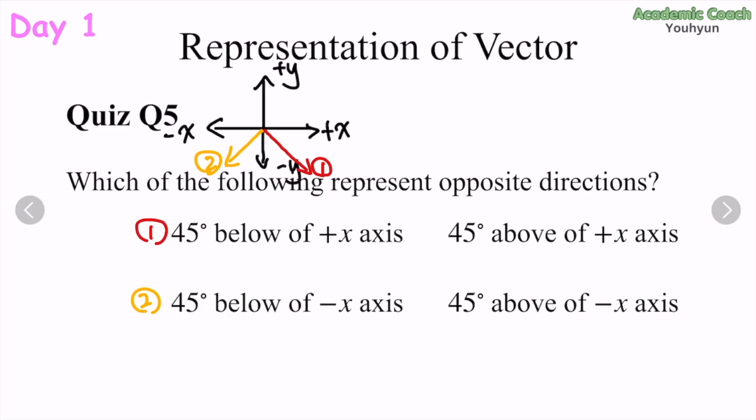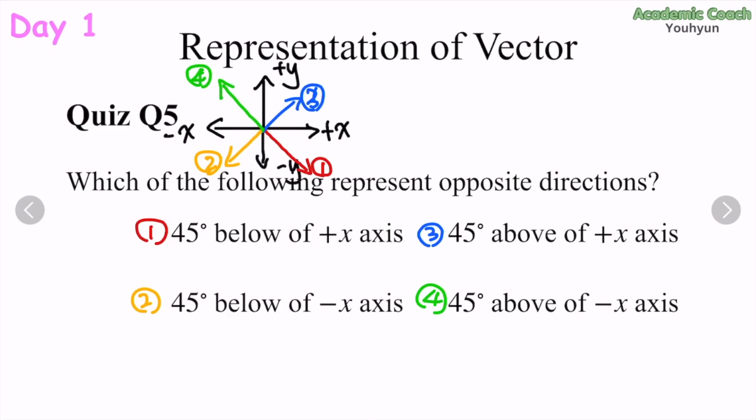Okay. And then I have direction number 3, 45-degree above positive x-axis. So starting from positive x-axis, go above that. Okay, so it will be in quadrant number 1. And direction number 4, 45-degree above negative x-axis. This would be in this direction. Okay.